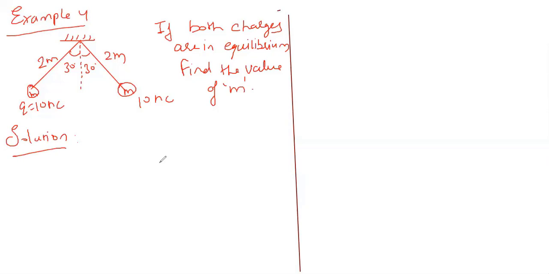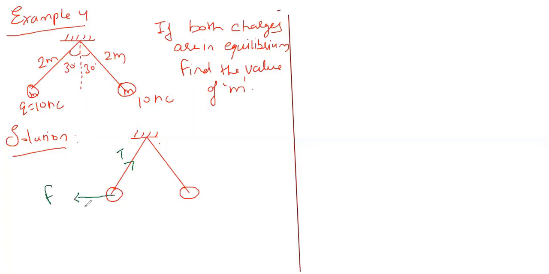See, first of all, we will make a free body diagram. We can easily see in the free body diagram that here it will have some tension, and in between these two, one electrostatic force will be there.